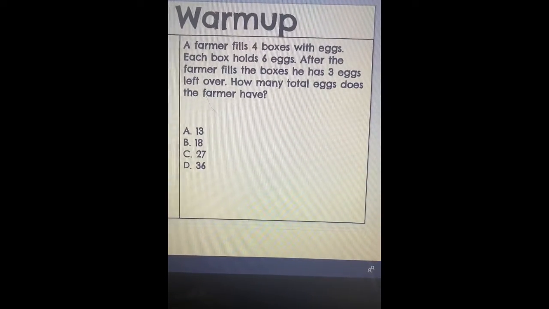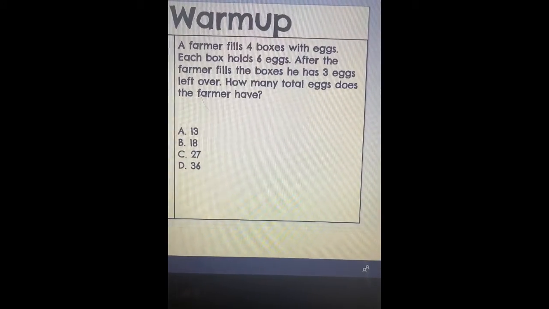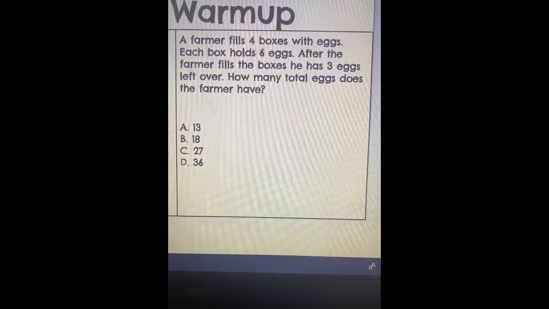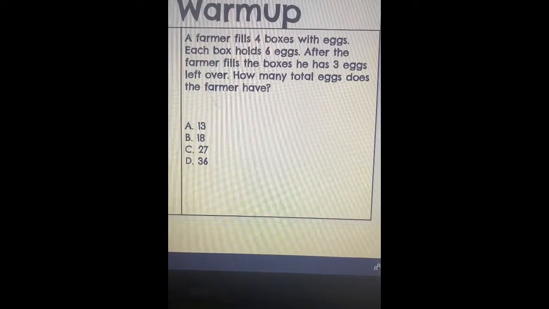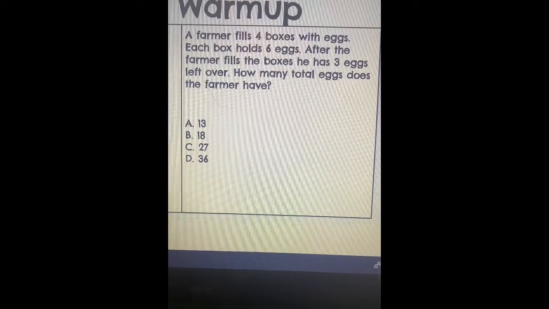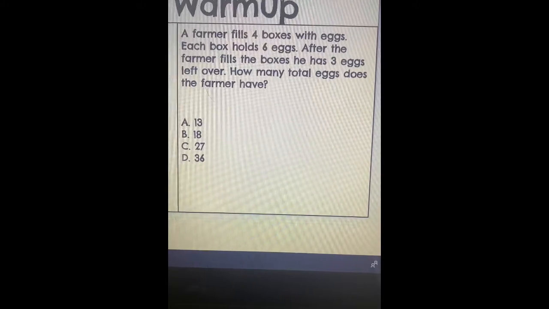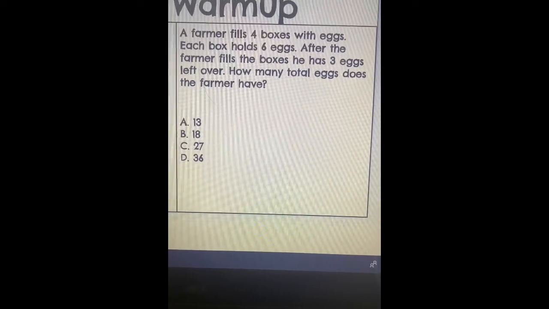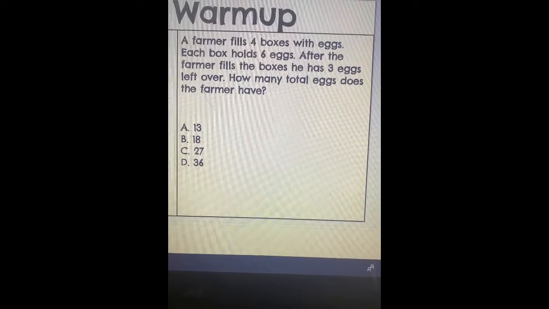Making those pictures in your head of a farmer filling 4 boxes with eggs. Each box holds 6 eggs. That picture now is becoming more clear. After the farmer fills the boxes, he has 3 eggs left over. How many total eggs does the farmer have?